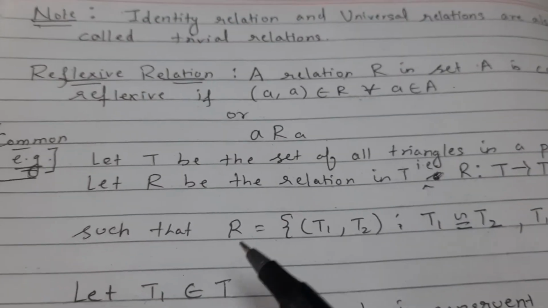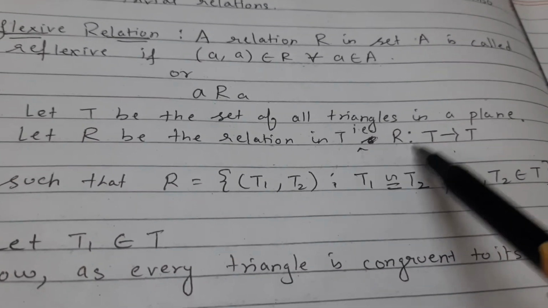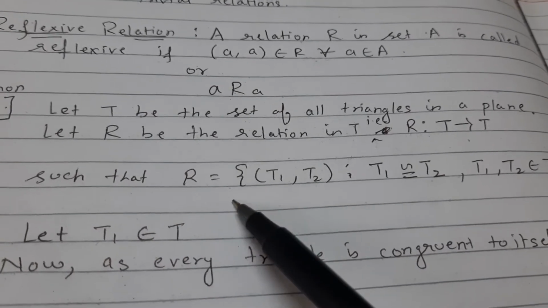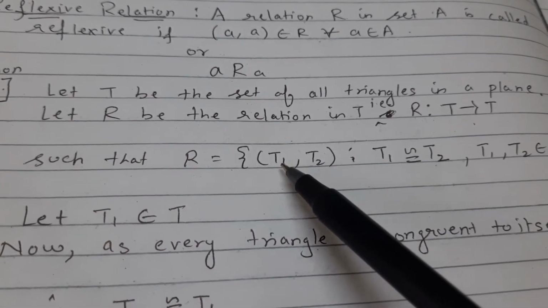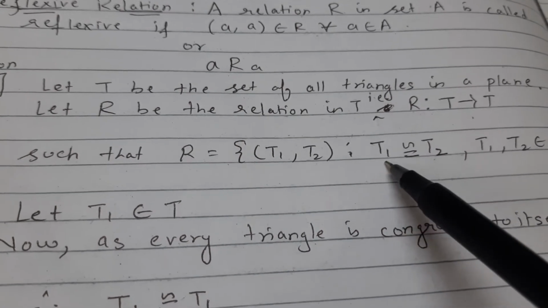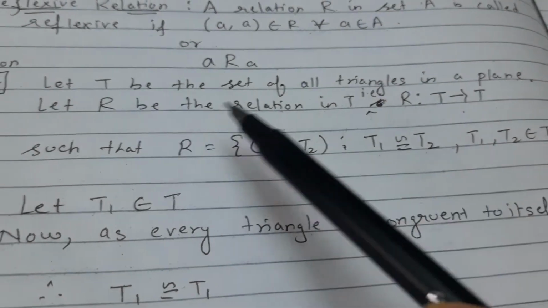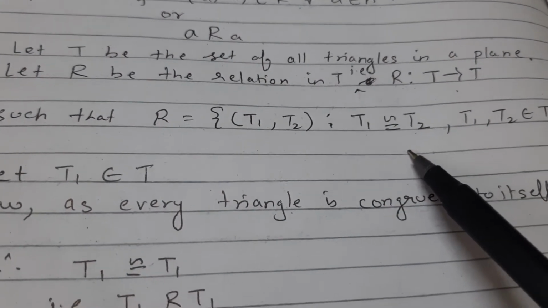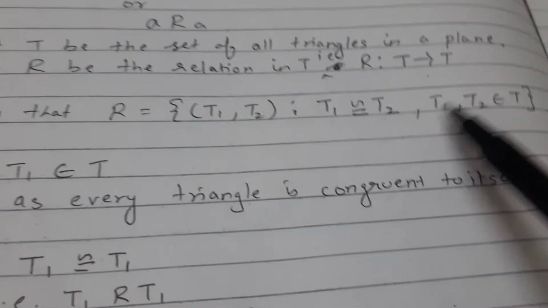But R is the relation in T, from T to T, such that R is equal to {(T1, T2)}: T1 is congruent to T2. All those triangles from this set T which are congruent triangles, the relation will include only those.